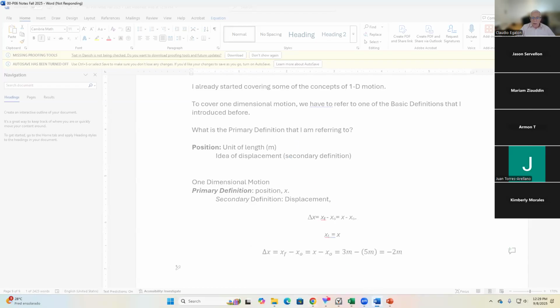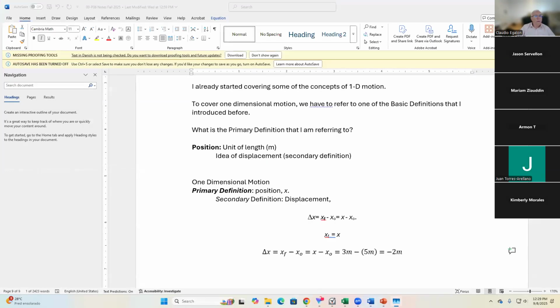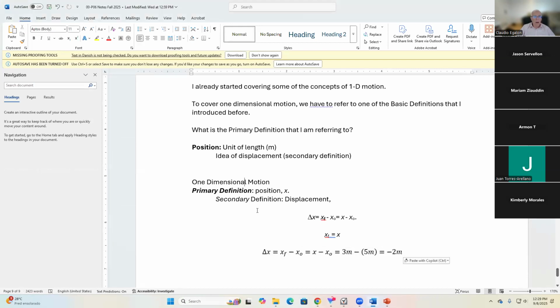Oh, that's frustrating, isn't it? Must be something in Microsoft Word. Word not responding. Let's see, let me quit Word altogether. Should be quicker. Okay, good. It fixed. That's great.